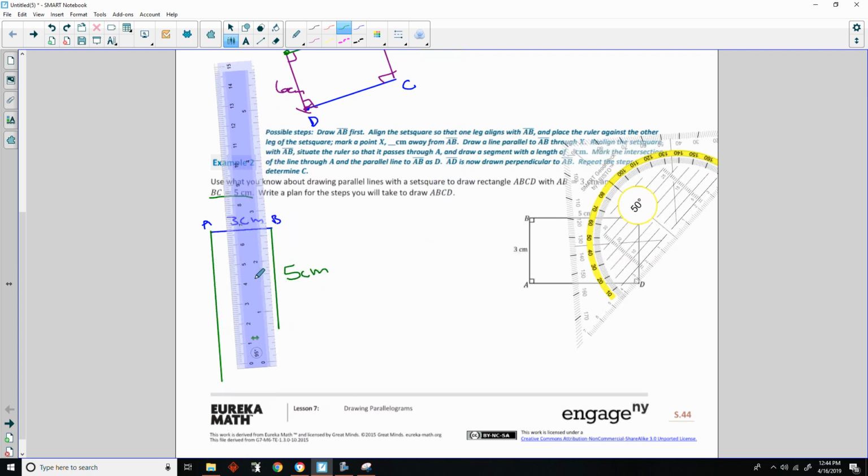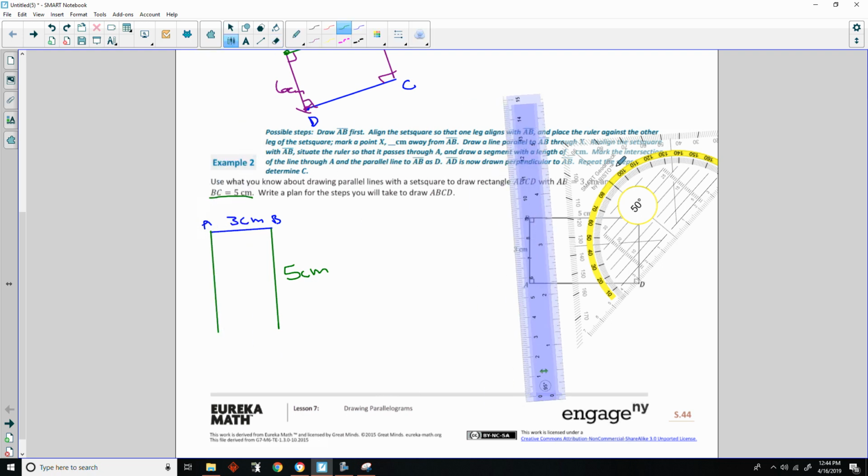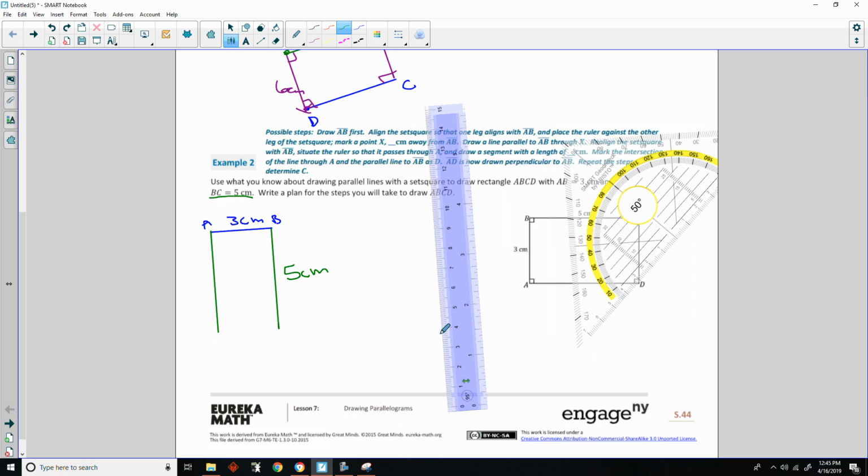And then I bring my ruler over and put the 5 right here. And then erase my overhang and bring it right back to 0. Okay, and then my last step is to draw a segment.